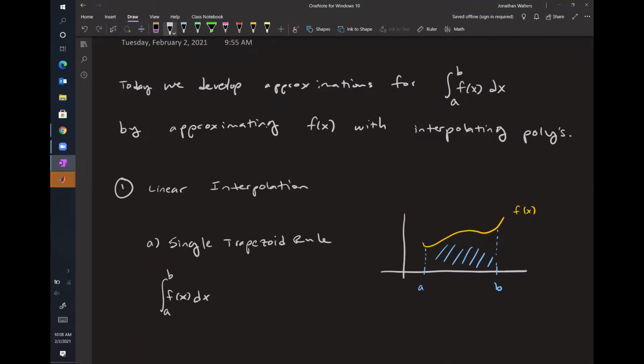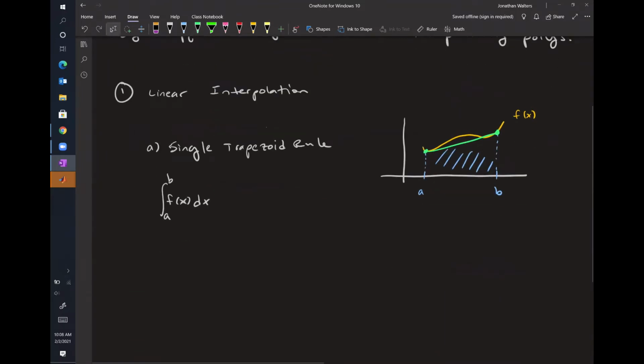Now, what I could do is I could take this function value and this function value, interpolate with a straight line, and integrate under that straight line. Okay? So the straight line connecting these two points, what is that?